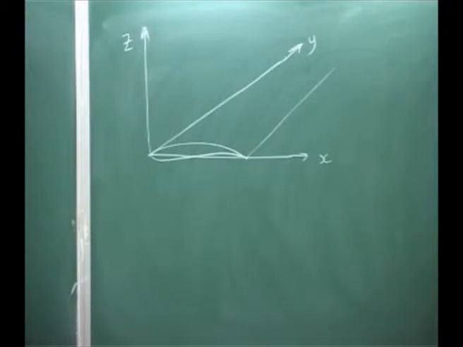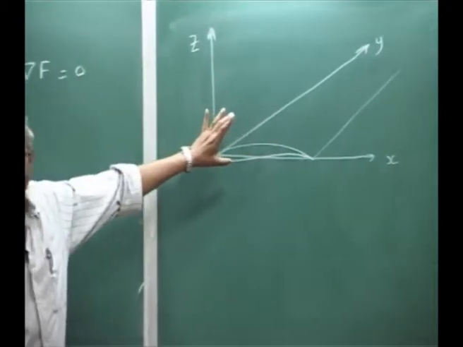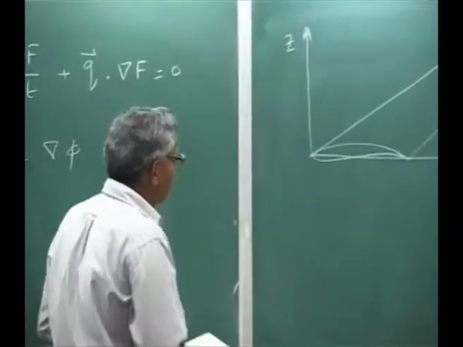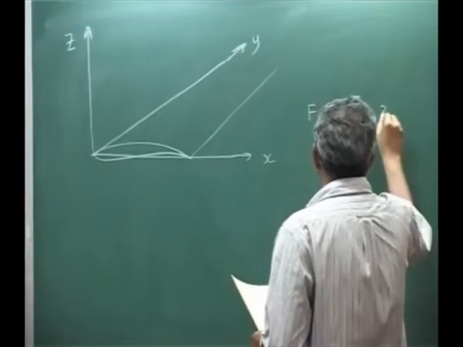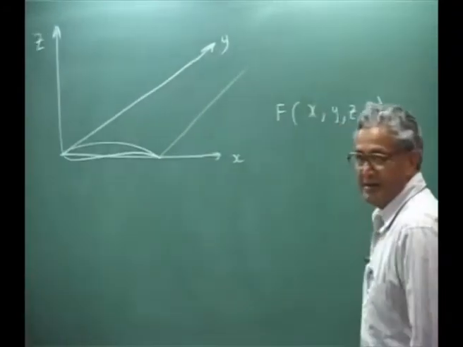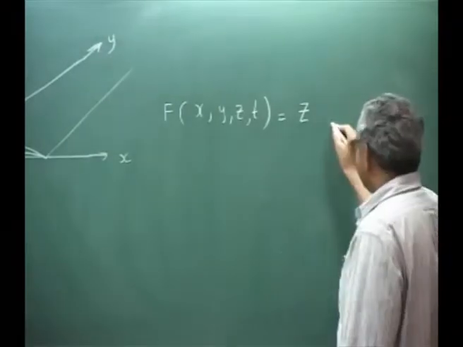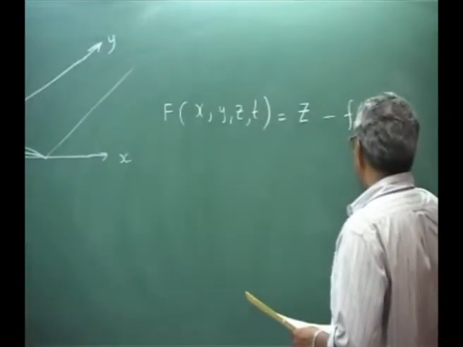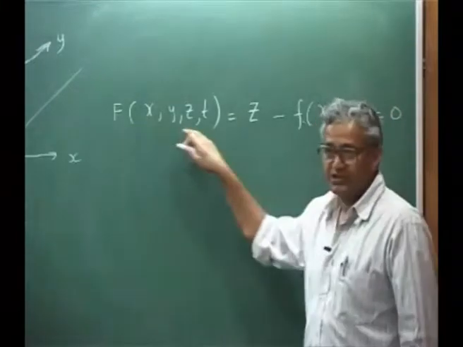Now this approximation in representing f is actually responsible for reducing our equations to the small perturbation form, because, since it is a relatively thin surface, we will write this f, which is a function of x comma y comma z comma t, as z minus f of x, y, t, because it is the equation of the surface.